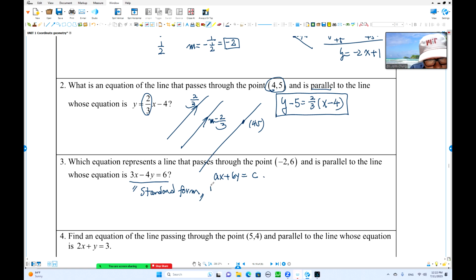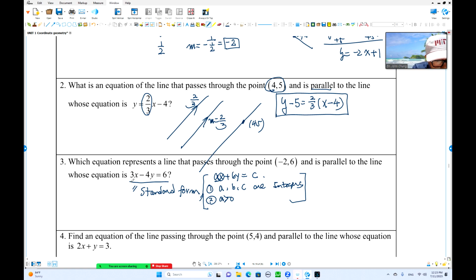There are some conditions. A, B, and C are integers. If some has a fraction, that is not standard form. One more: the coefficient of x must be positive. If it satisfies these, this form is a standard form.